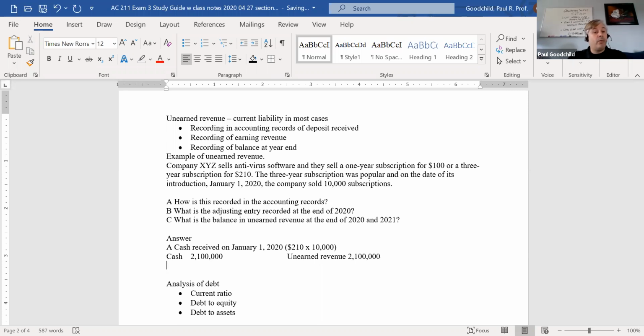All right, so that's all we would record for that first entry. B, the adjusting entry at year end, the company has earned a third of the revenue.